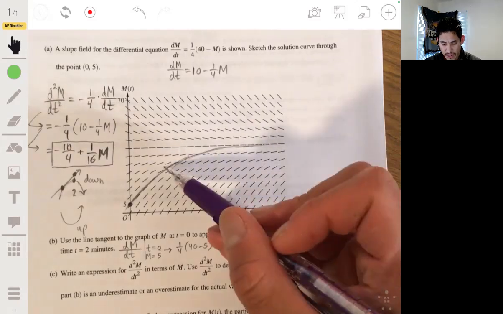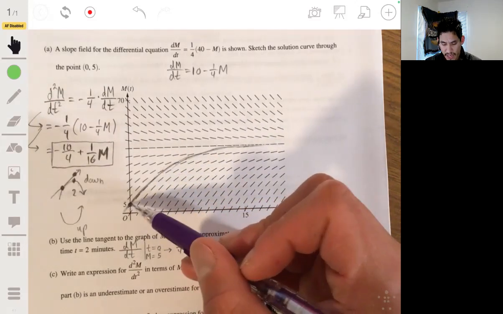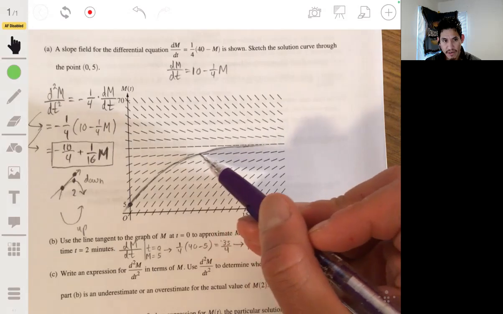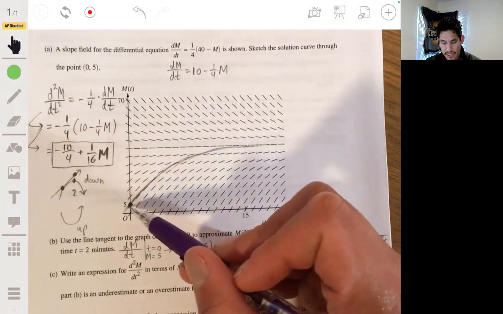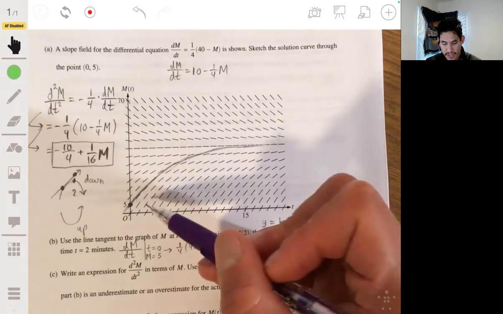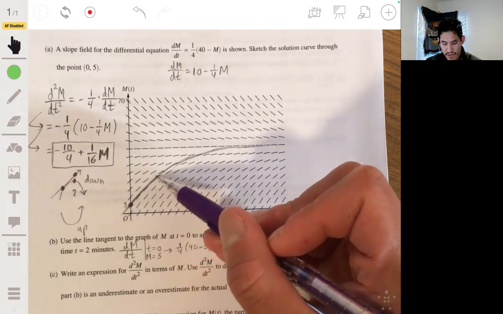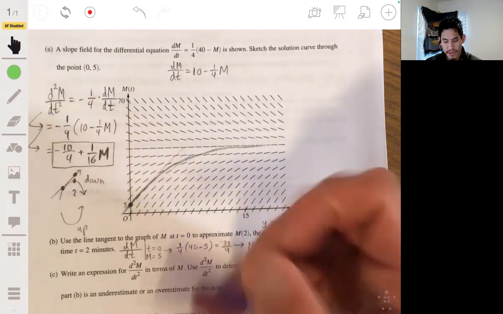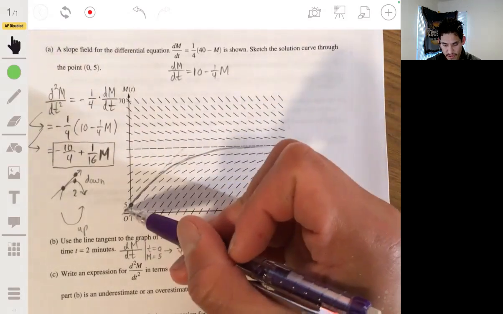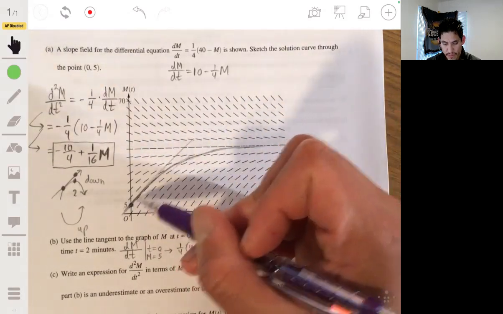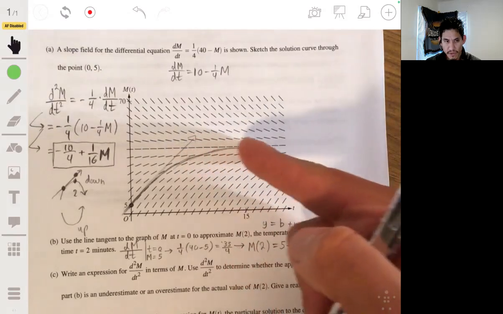And again, you can just think about this. If you were to do a tangent line off of this point, you can see how it's going downward. This concavity is negative. And if you were to do that, don't draw this on your test. I'm just drawing it to give you a clear idea. A tangent line off of this point would be above all the future points of this line.